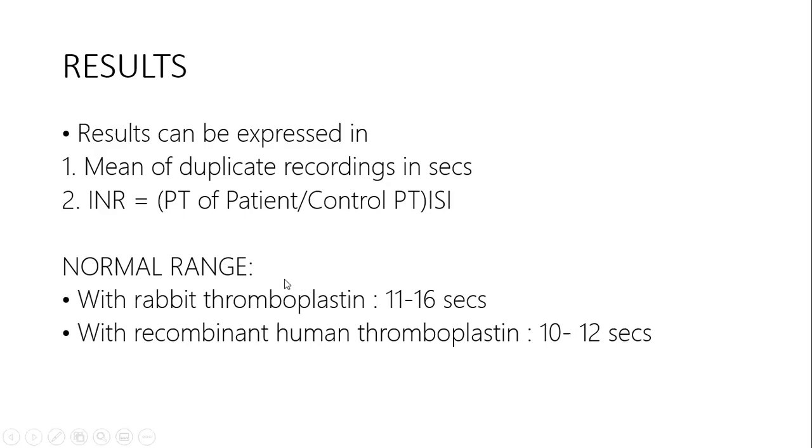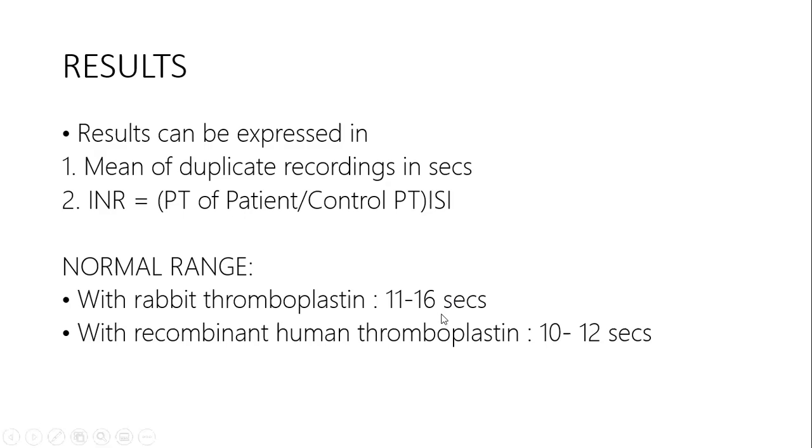Now, for the normal range, 11 to 16 seconds, if we use rabbit thromboplastin, right? If we use rabbit thromboplastin as one of the reagents that initiate the formation of the fibrin clot, then our normal range would be 11 to 16 seconds.